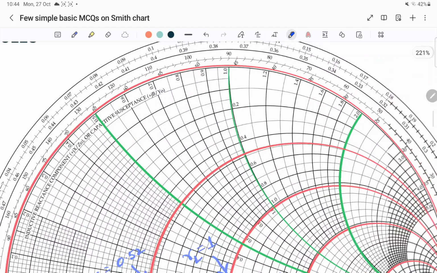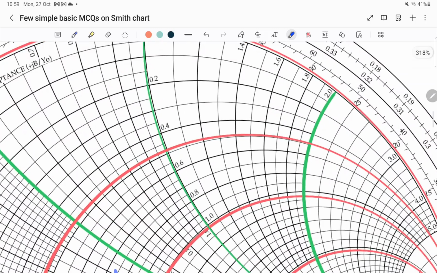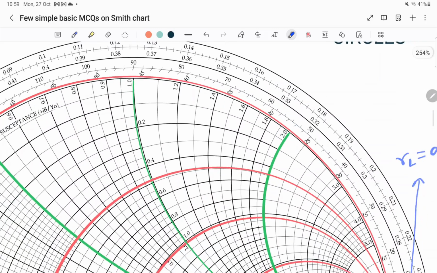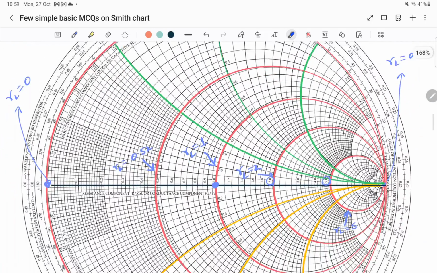Now if you see here, smaller the radius of the circle, the larger is the value of the reactance. So if you compare this value and this value, this is a larger value, 2.0. Let me zoom in. This is 2.0 and this is 1. And if you see carefully, this circle has a smaller radius as compared to this circle.